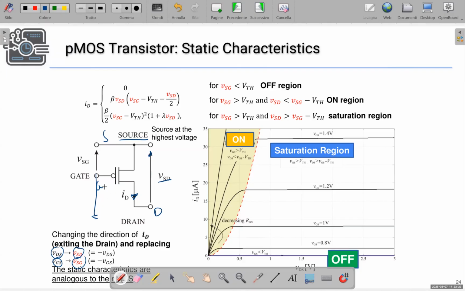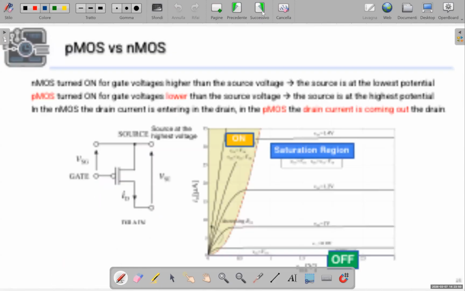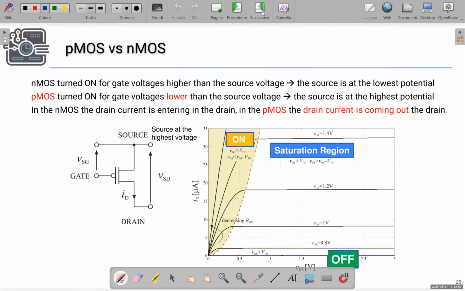When we have the source gate voltage larger than the threshold voltage and the source drain voltage larger than the source gate voltage minus the threshold voltage, we have also for the PMOS device the operation in the saturation region. Okay, so this is what we have just discussed.